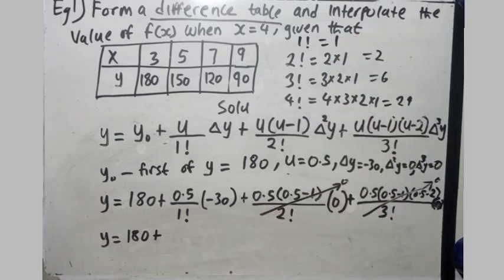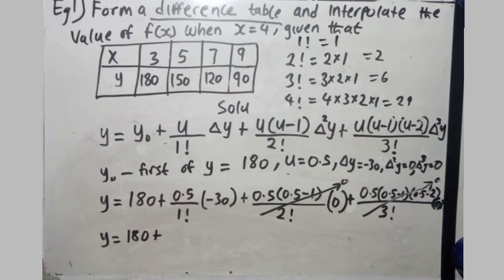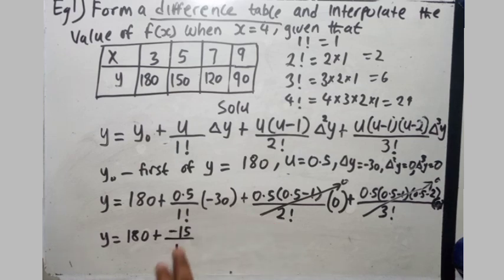So we have 1 factorial here, so we are having over 1. Now 0.5 times minus 30 will give us minus 15. This is half times 30. So half of 30 is 15. So we'll be having this.